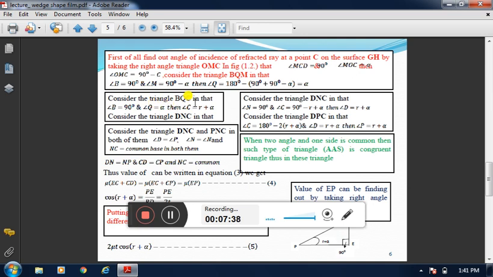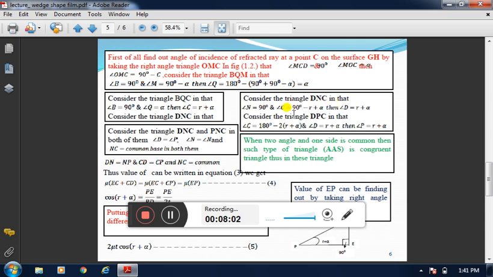Then angle C is r plus alpha. Now take the triangle DNC. Angle N is equal to 90 degrees. Then angle C is equal to 90 minus (r plus theta). Obviously the triangle sum is 180 degrees, so angle D becomes r plus alpha.